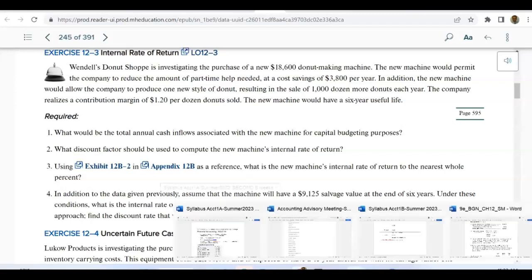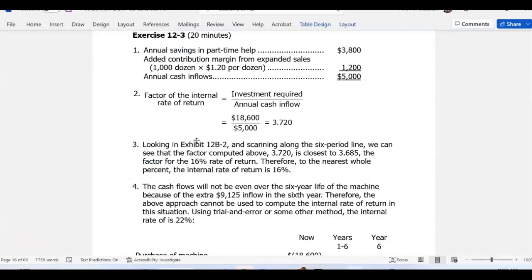So let's go, there are 4-part questions, so let's go one by one. Annual saving in part-time help, that's $3,800, right? Added contribution margin for expected sales of additional dozens of the donuts, it's 1,000 dozen times $1.20, that's an additional $1,200 of contribution margin.